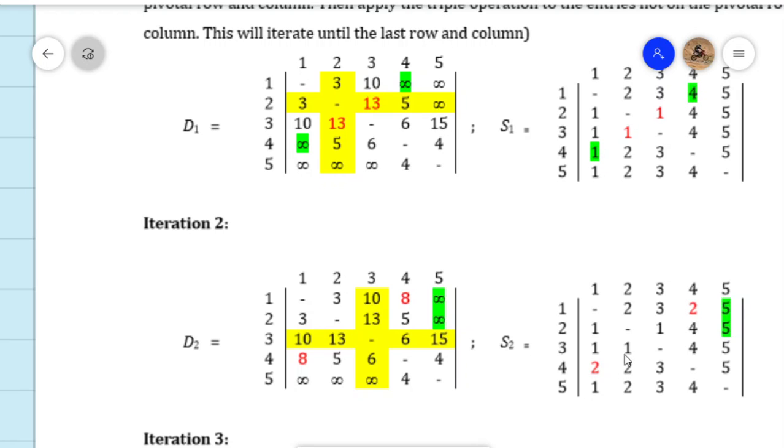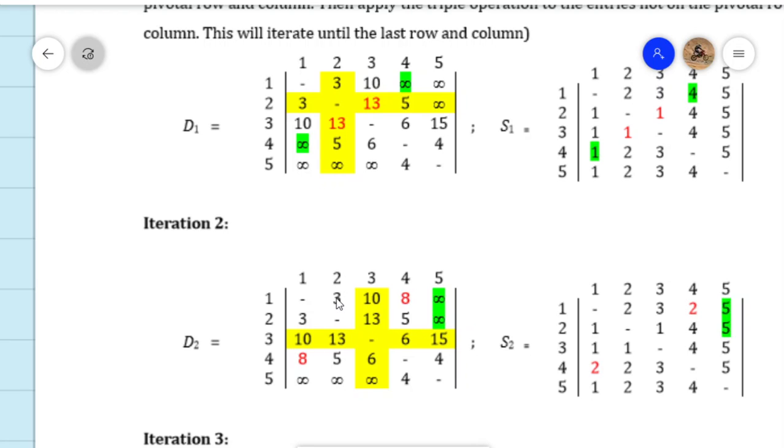See here, the first two entries were replaced by 1 in our first iteration, but this time these two entries will now be replaced by 2. This is now 2 and the other entry is also 2. Then highlight this time the third row and the third column for our pivotal row, pivotal column. Then again apply the triple operation to the rest of the entries in the matrix D sub 2. Same process.